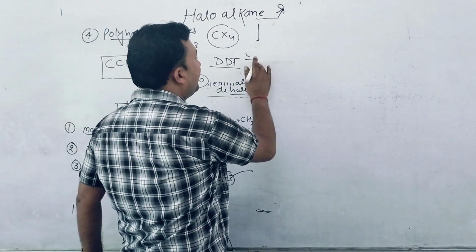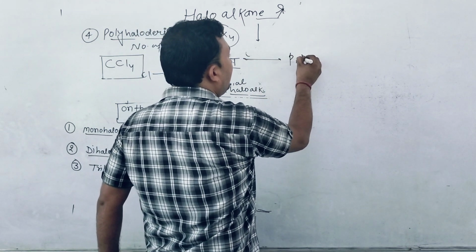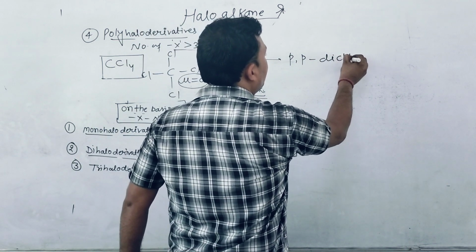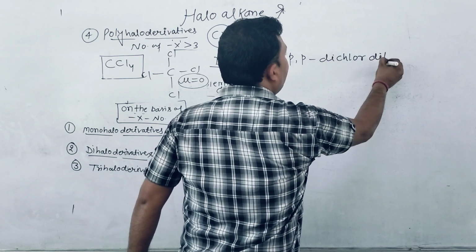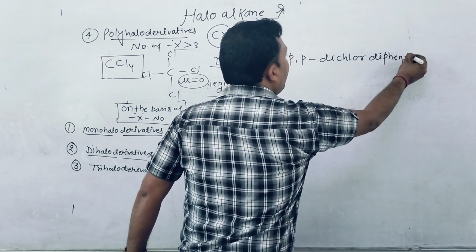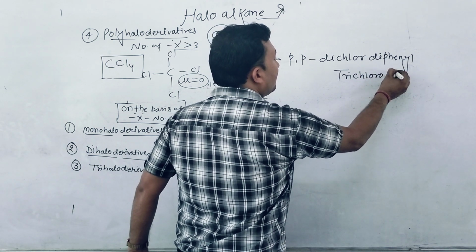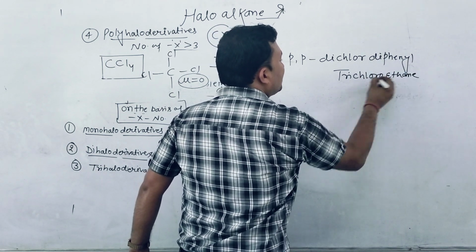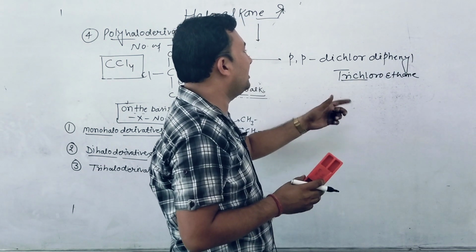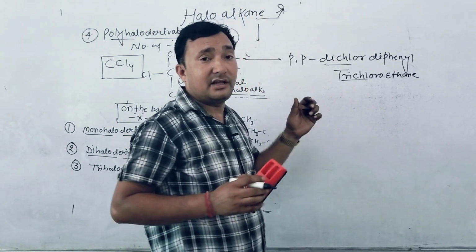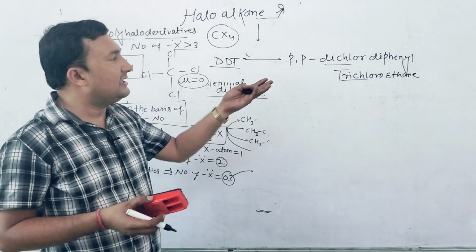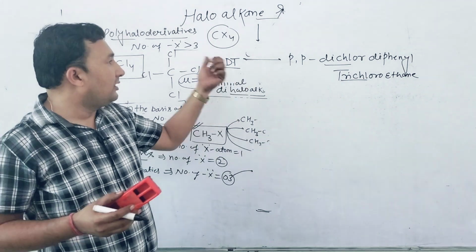The full form of DDT is para dichloro diphenyl trichloro ethane. If you look at the name, we are having 3 chlorines over here and 2 chlorines over here. So ultimately we are having 5 chlorines. So you can easily categorize that in polyhaloderivatives.